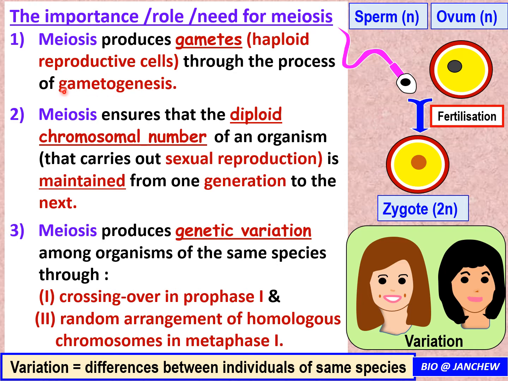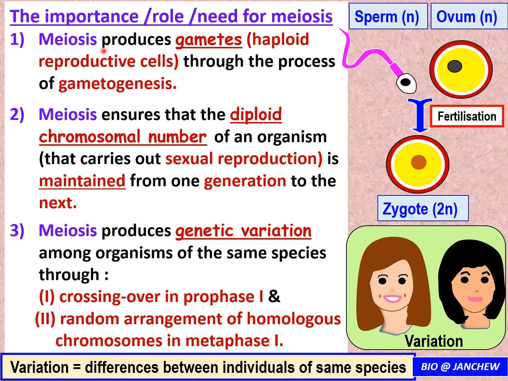Okay, so this overall process of formation of gametes involves meiosis as one of its main processes. We will study more of gametogenesis in another chapter.